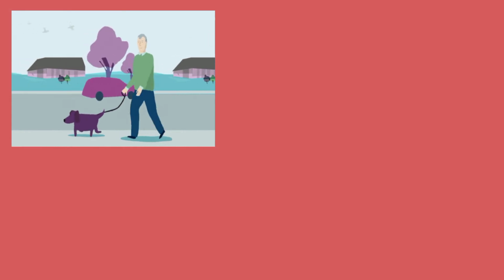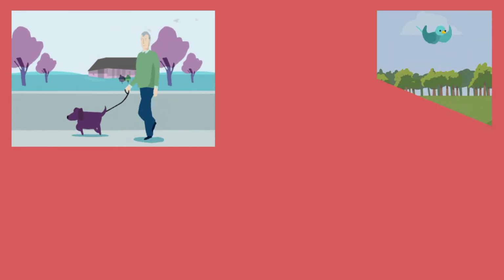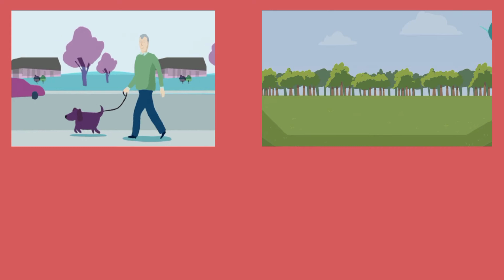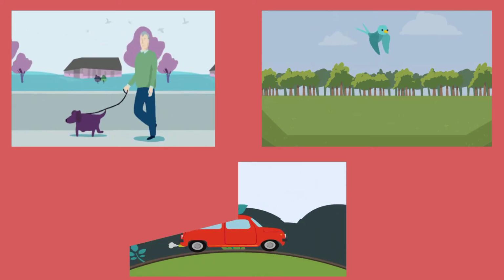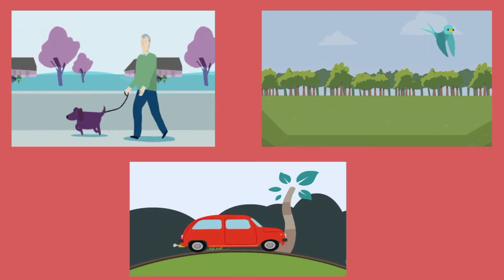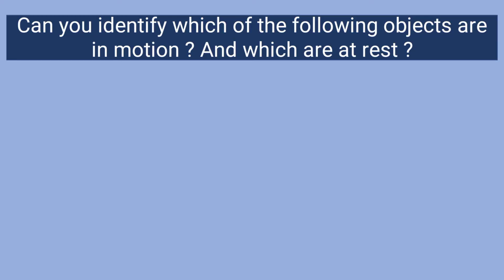A simple example that I can give: people walking on the street, birds flying in the sky, vehicles moving on the road. Can you identify which of the following objects are in motion and which are at rest?